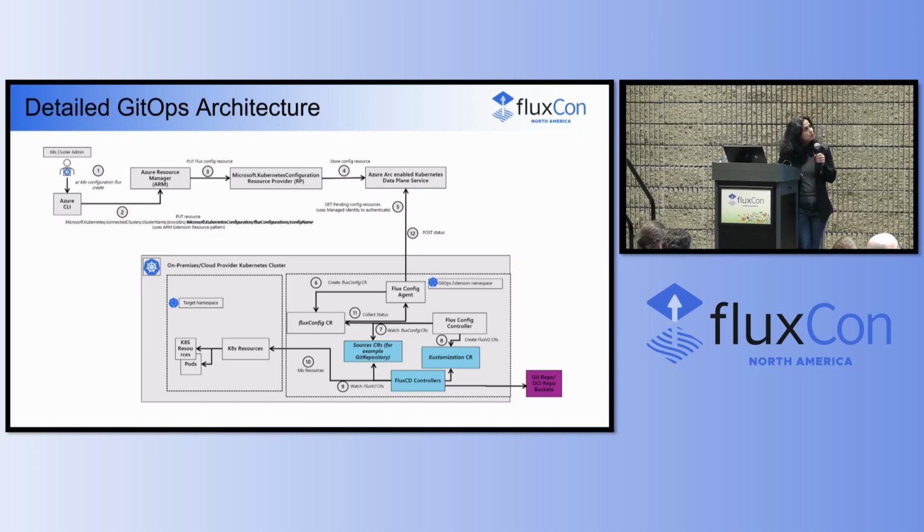This goes to the Kubernetes configuration RP and data plane service. And from here on, the agents in the Kubernetes cluster work together to pull the Flux configuration down to the Kubernetes cluster and convert it into Git repository and customization CRs. From here on, the Flux CD controllers do their magic and sync with your artifacts, pull them from Git repositories, OCI repositories, buckets, and deploy those customizations in the target namespace.